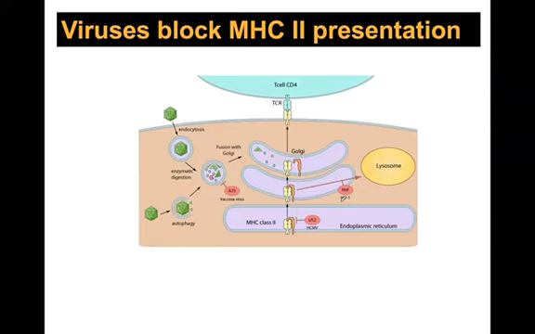So for HIV, it makes a protein called Nef, and part of the job of Nef is actually to bind to the MHC2 and retain it in the lysosome, so the MHC2 is degraded and never gets to the cell surface. For other viruses like cytomegalovirus, it just makes a protein that prevents the MHC2 from getting out of the endoplasmic reticulum, so it never leaves.